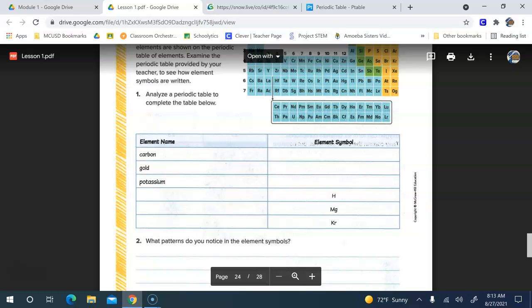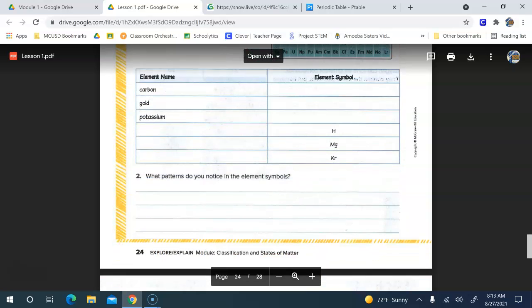And then it asks you what patterns do you notice in the element symbols. Are they always the first letter or two letters from it? Not necessarily.